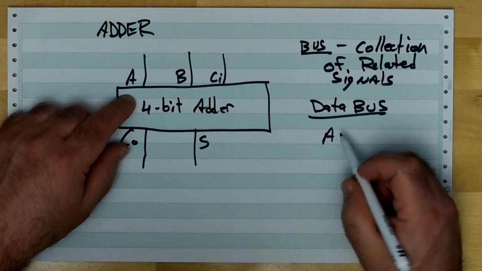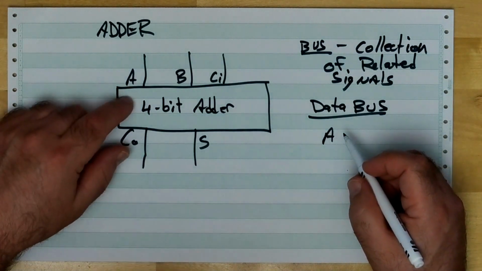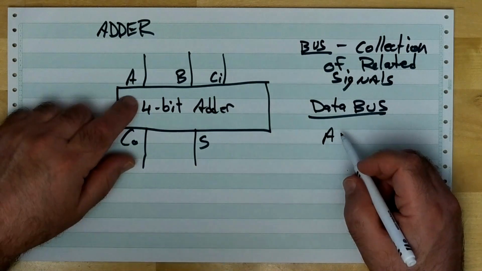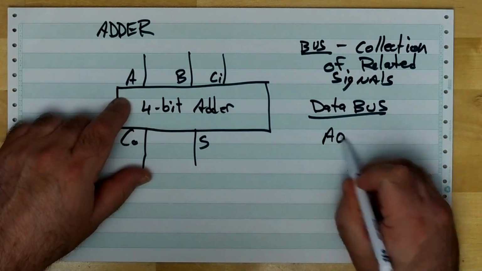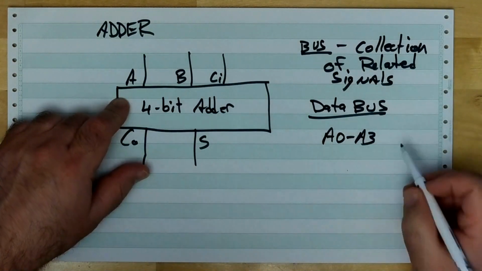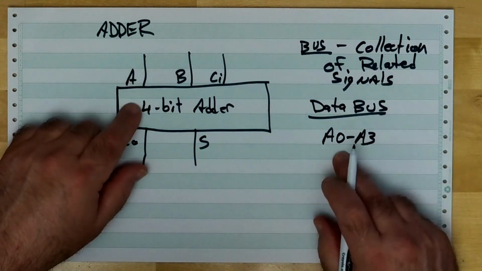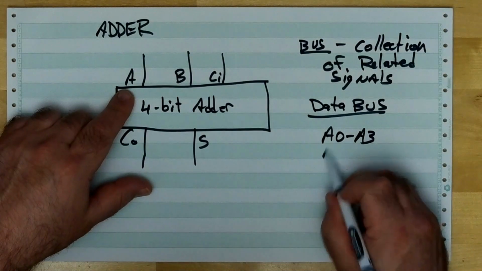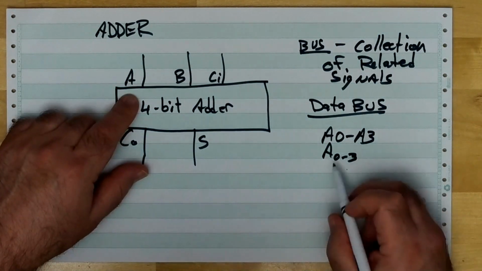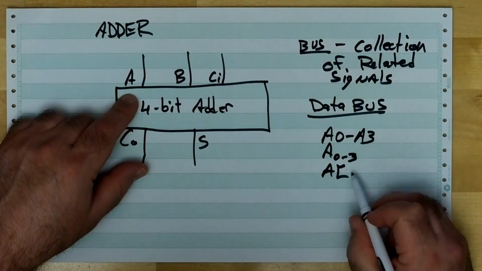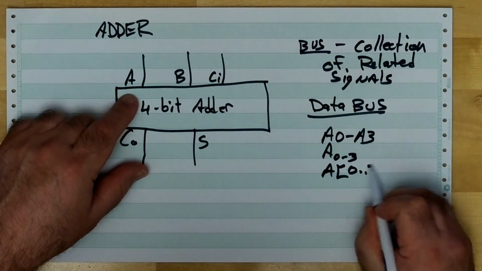The A bus has different notations. Sometimes you'll see me mix these, depending on if I'm writing by hand or using a CAD tool. There's a couple of different standard notations. If this was a 4-bit adder, we have A0 through A3 for those 4 bits. That's your A bus. Another way to represent the exact same thing might be A sub 0-3. Another way would be A open square bracket 0..3.